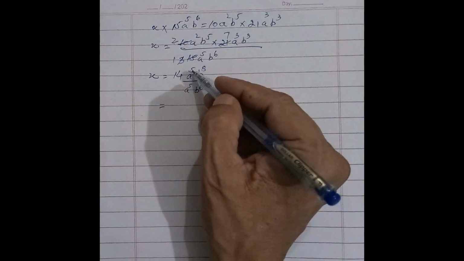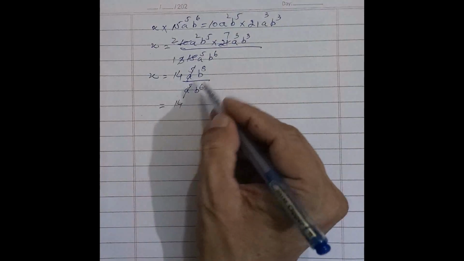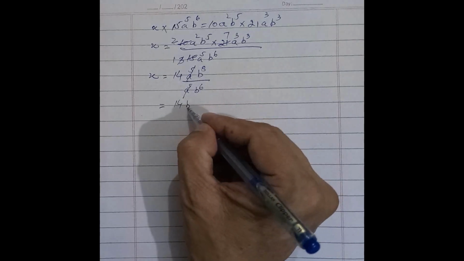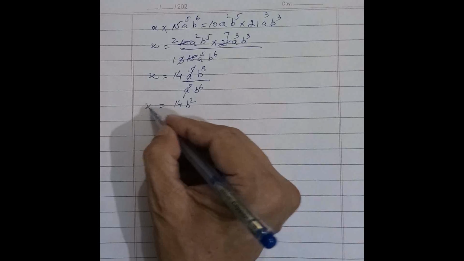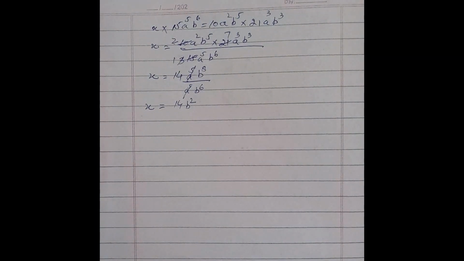Further we simplify these values, a is power 5 cancels with a is power 5, and the other value is b is power 8 minus b is power 6, we get b is power 2, and it is the value of x, and we get the fourth proportion.